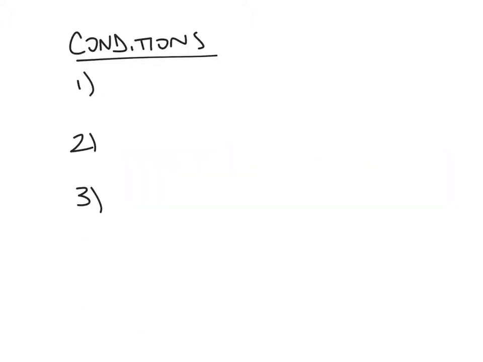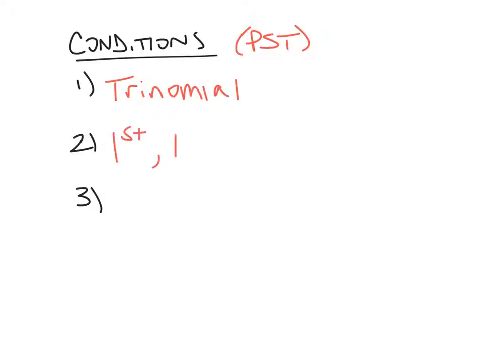So my first condition for a perfect square trinomial, which I abbreviate a lot of times as PST because perfect square trinomial takes too long, is we need a trinomial, so 3 terms. I need my first and last term to be positive perfect squares.